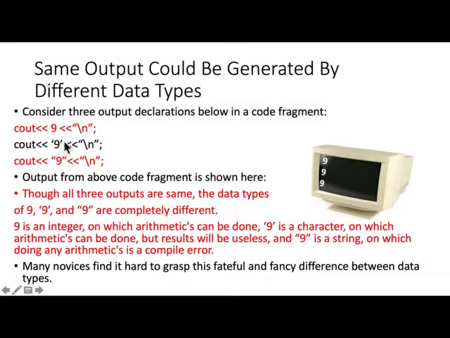Quote 9 quote is a character on which arithmetic can be done, but results will be useless. And double quote 9 double quote is a string on which doing any arithmetic is a compile error. Many novices find it hard to grasp this fateful and fancy difference between data types, but to be a successful programmer, you should understand that.